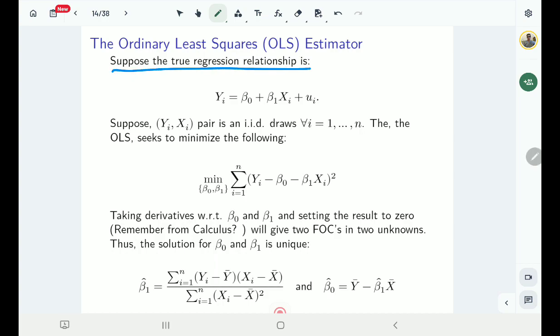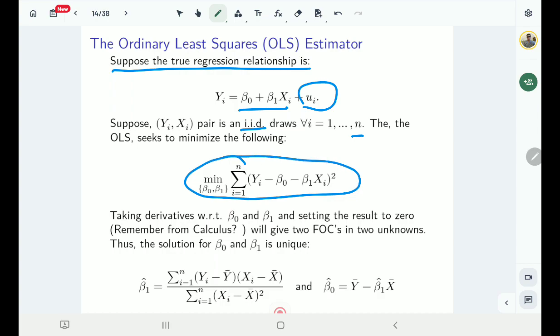So suppose the true regression model is this: yi is related to x by a linear function plus some error term. And the first key assumption that we make is that we have IID observations, and the sample size is n. The objective of the ordinary least squares method is to minimize the following loss function, the so-called loss function, which is the sum of squared residuals.